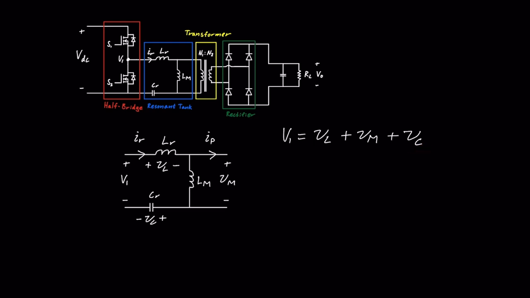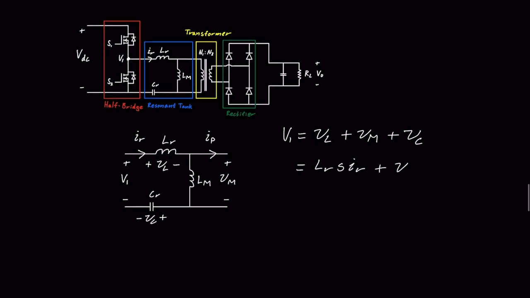So this equation needs to be represented by IR. The voltage VL could be represented as LR S IR, because S is just the derivative. And then plus Vm is just Vm, because that comes from the output.